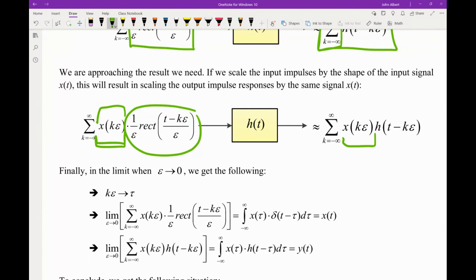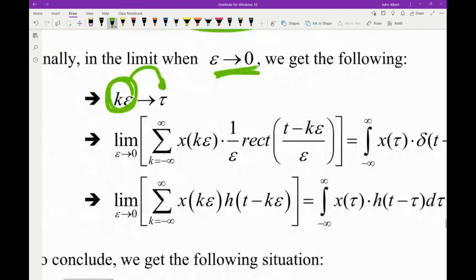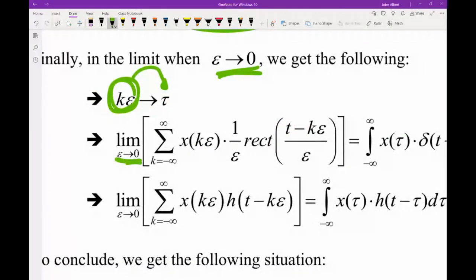Okay? Now we're almost done. Now, all you have to know is that k epsilon, in the limit when epsilon approaches 0, can be replaced by a continuous variable that is called tau. So wherever you see k epsilon in the limit as epsilon approaches 0, remove it and replace it with tau.